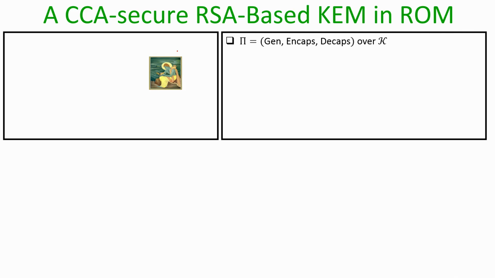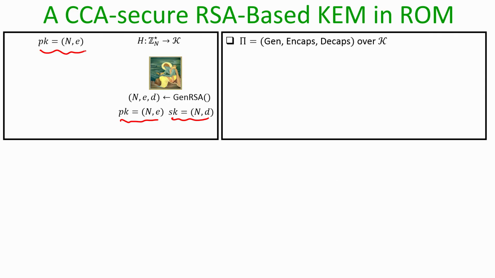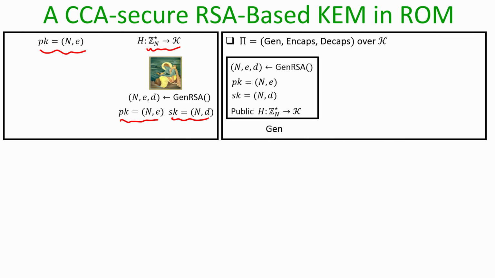So, imagine a receiver who wants to set up its public key and secret key. What it does is run the key generation algorithm of the RSA trapdoor permutation, and obtain the public key and the secret key. Along with this, we assume that a public description of a hash function or a key derivation function, mapping the elements of Z_n star to the key space of the symmetric key encryption scheme, is publicly available.